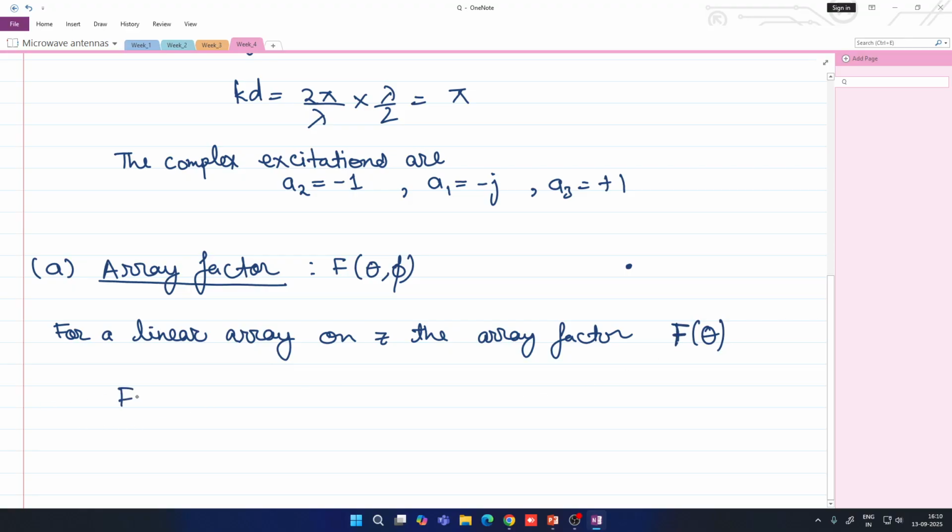So F(theta) is given by the summation from 1 to 3 of the excitation a_n times e to the power j k z_n cos theta.